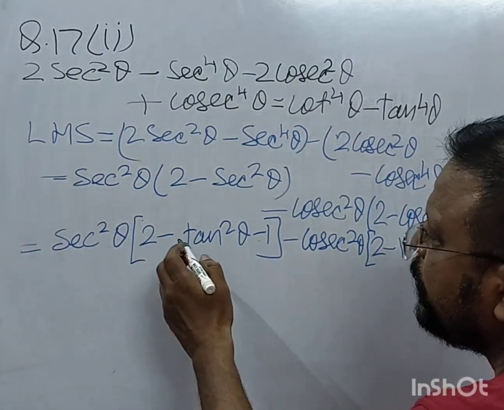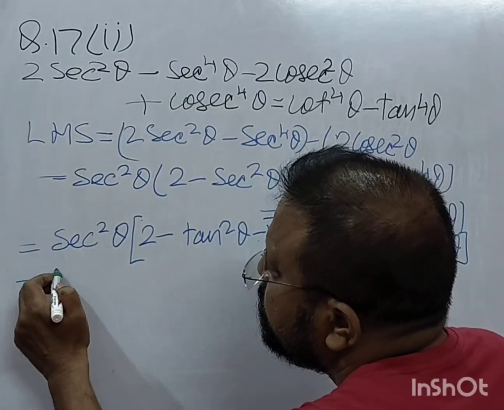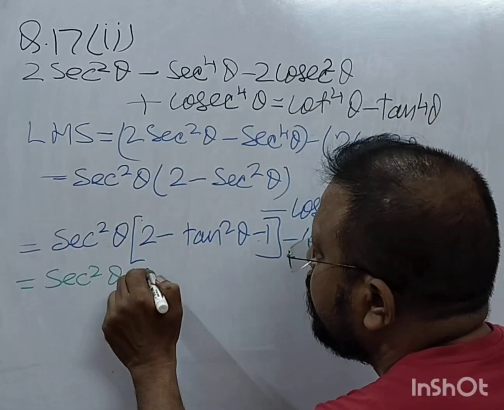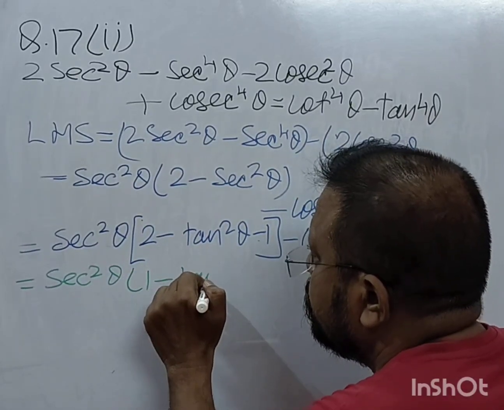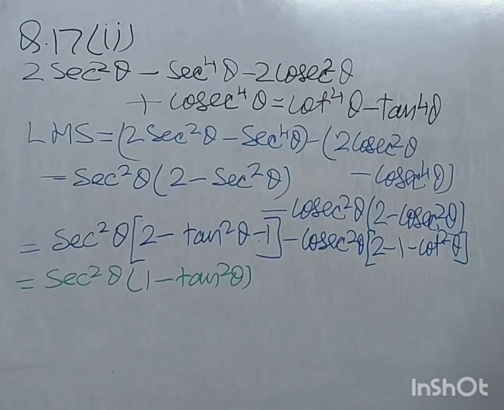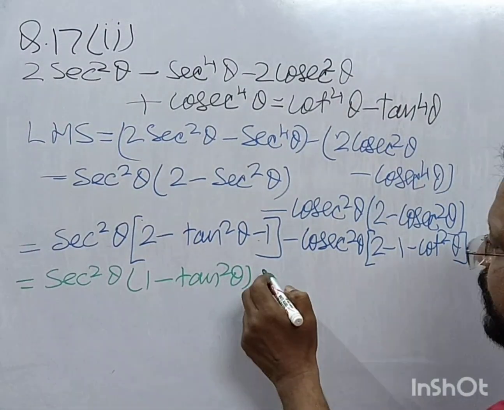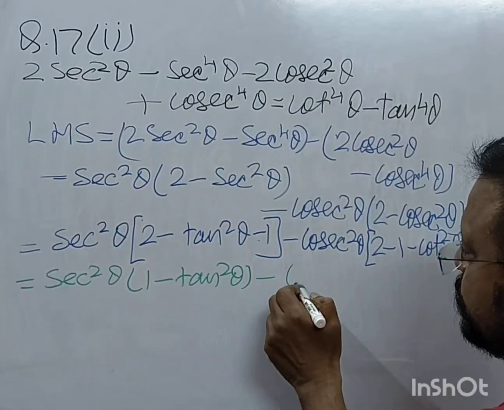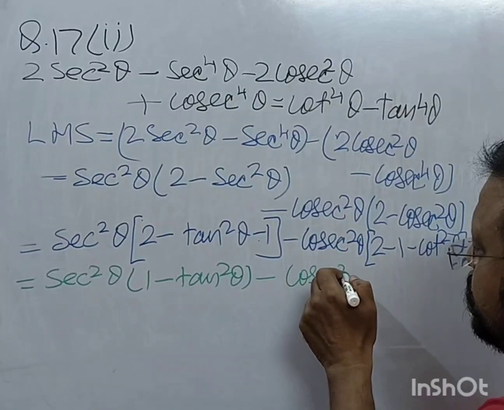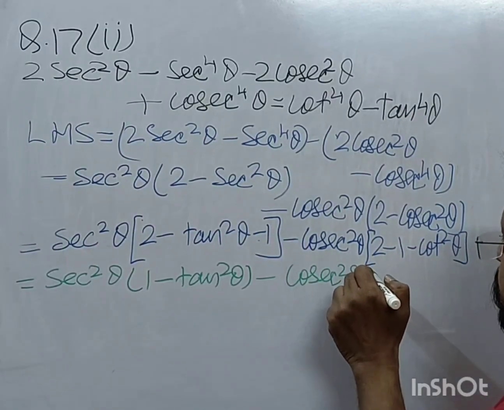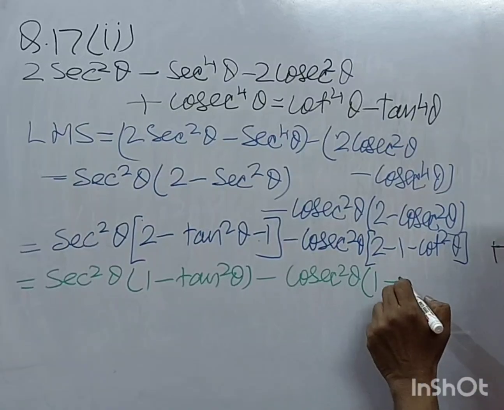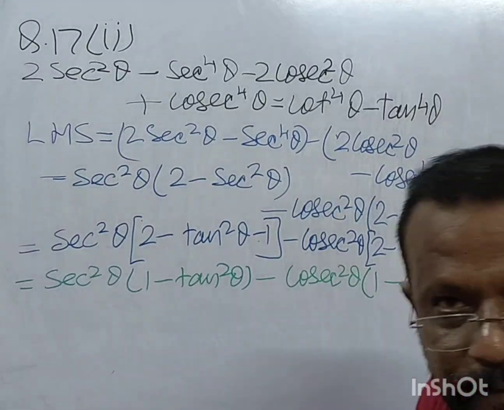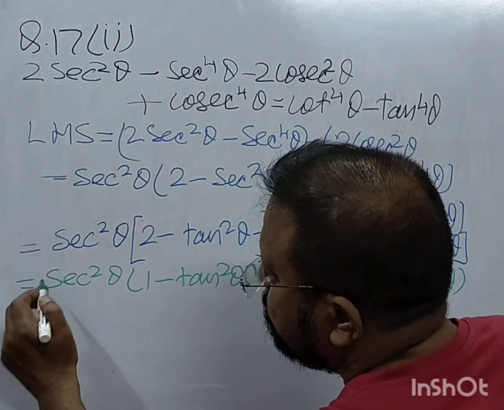So 2 minus 1 becomes, this is sec square theta bracket 1 minus tan square theta, minus, this is cosec square theta bracket 1 minus cot square theta. Okay? This is what happens.